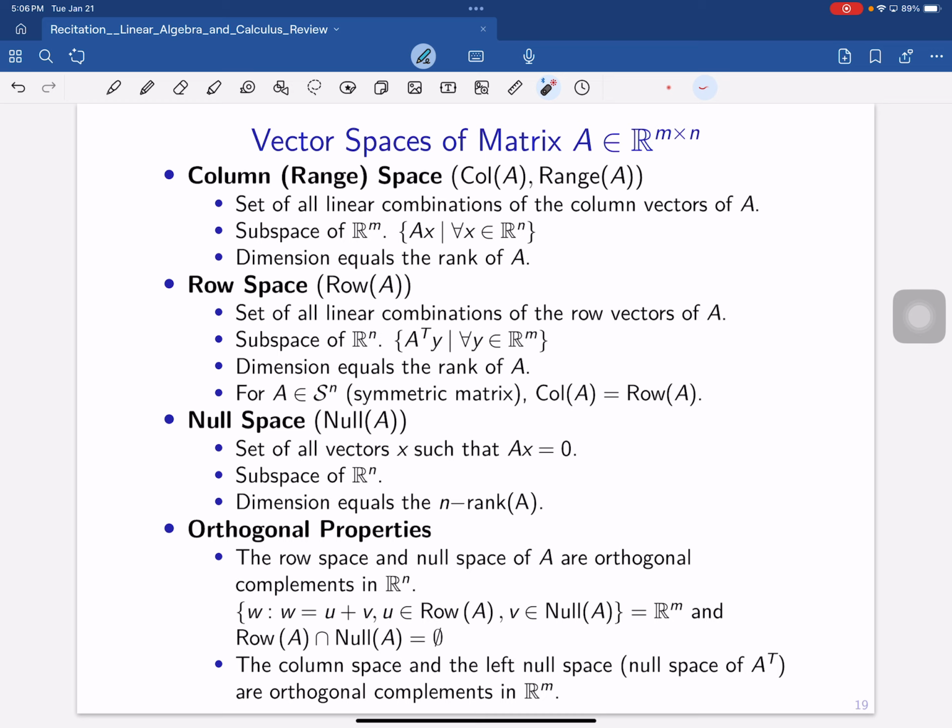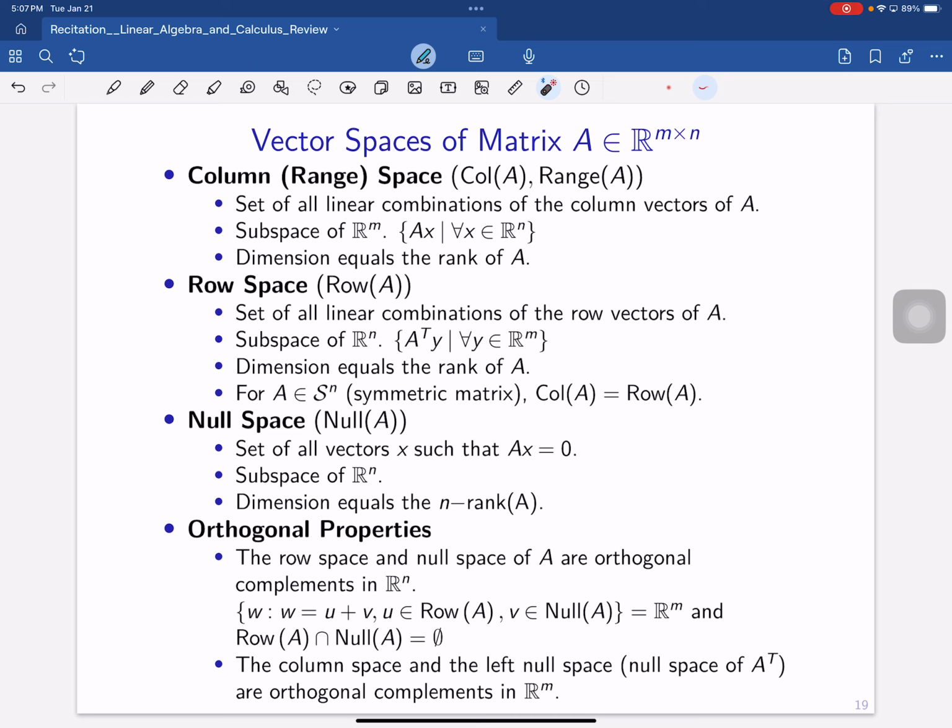So when A is M times N, where you have M rows and N columns, the column space is all the possible linear combinations of the columns of A, right? So you can denote this as A times X, where X is all the vectors in Rn, right? And the dimension equals the rank of A, right? Since you are talking about the span of all the columns of matrix A.